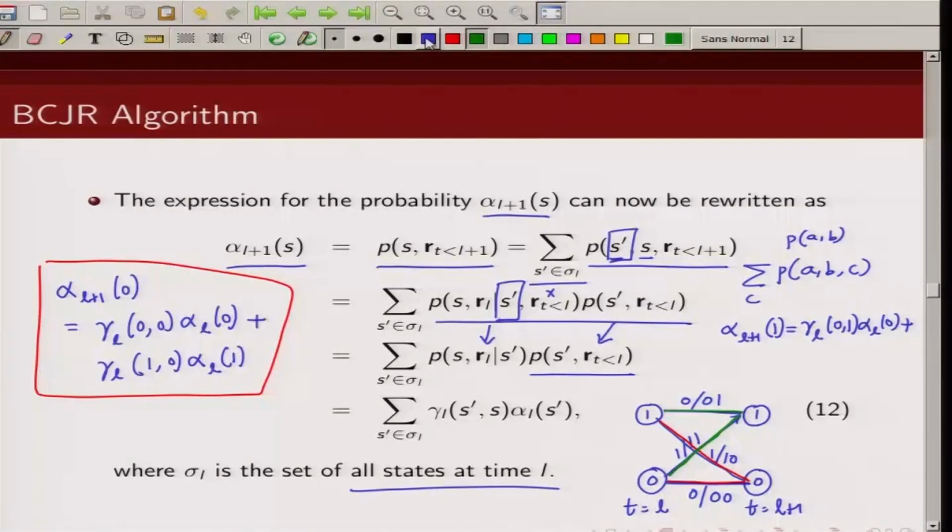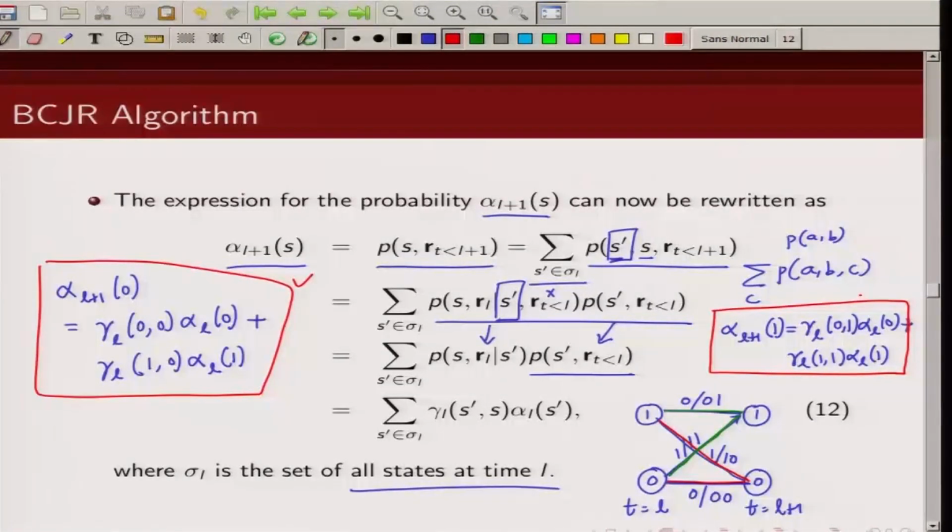This can be written as gamma L 1 1 times alpha L 1. So, these are for this particular convolutional encoder whose trellis section is given here; these two are my alpha values.